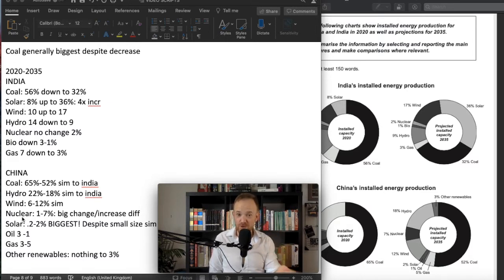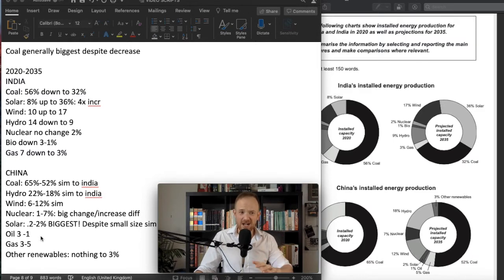From 0.2 to 2, if you're an investor, you can see that is good change if you've invested in solar energy. So think about that. 0.2 to 1, that's 5-fold. That's a huge relative increase. So this is one of the most important things, and you'll see it in my answer.